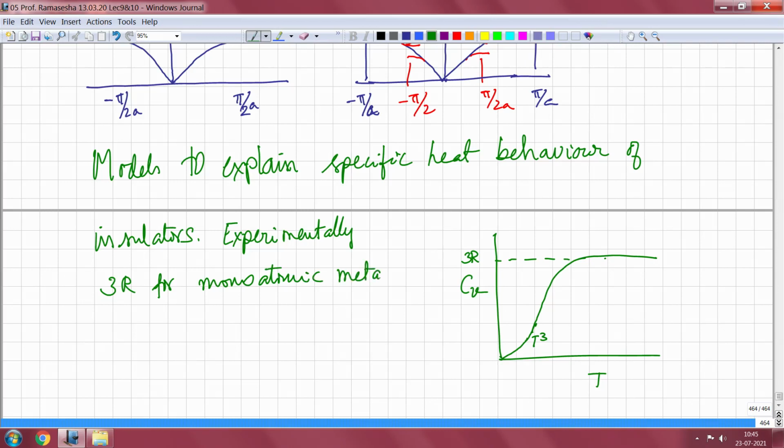So it actually came from the simple equipartition theorem at high temperatures. Equipartition said that every time you have a quadratic term in your Hamiltonian, it contributes an energy kBT by 2.